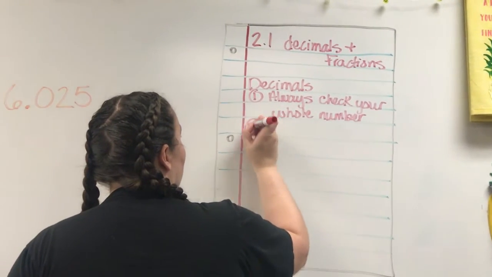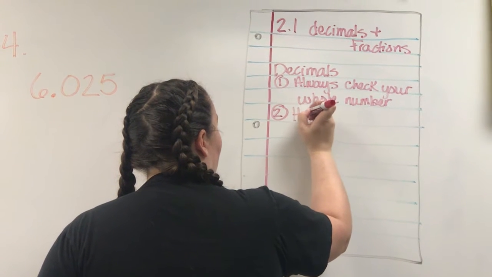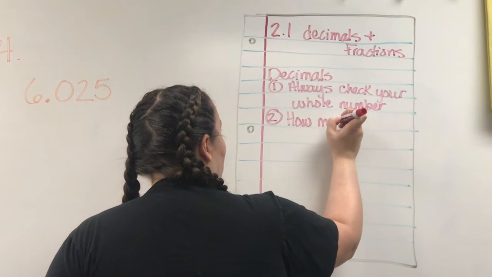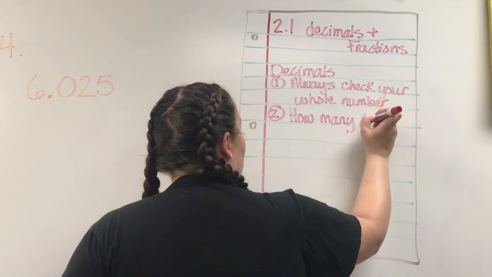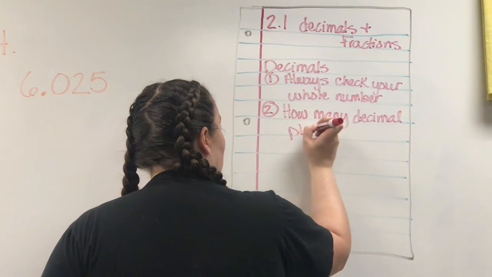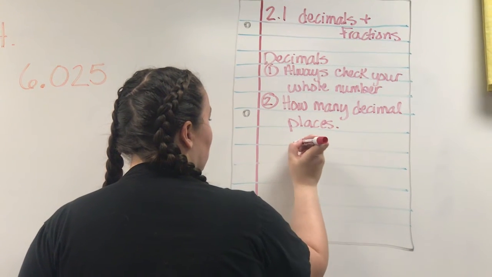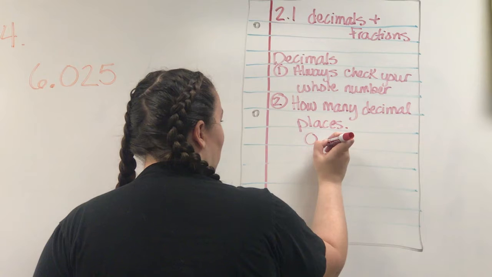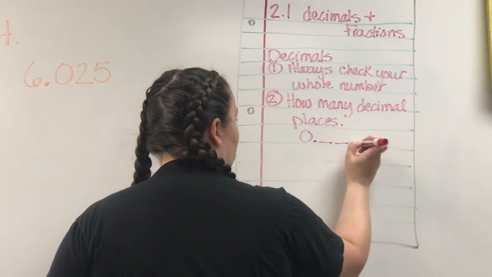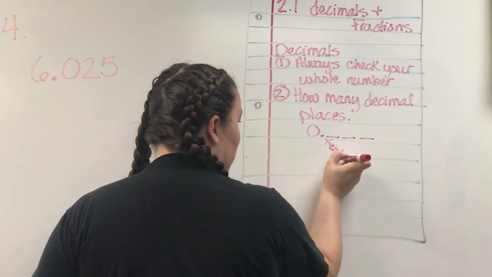Rule number 2 is how many decimal places? Okay, and let's say 0.123. This is the tenths.